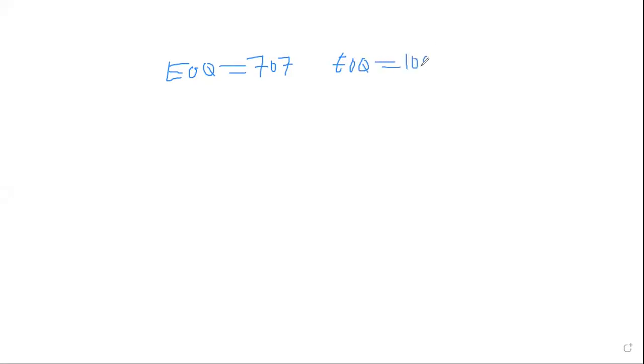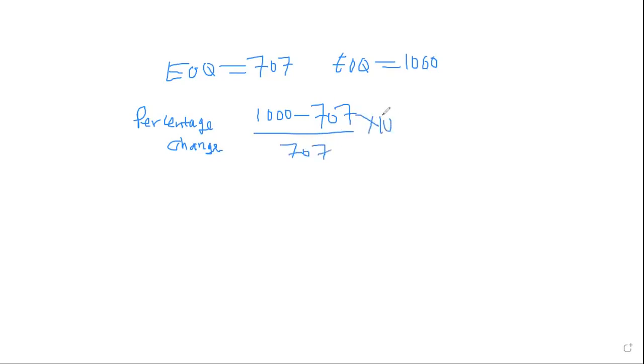So now what's the percentage change? It will be 1,000 minus 707, over 707, times 100%.